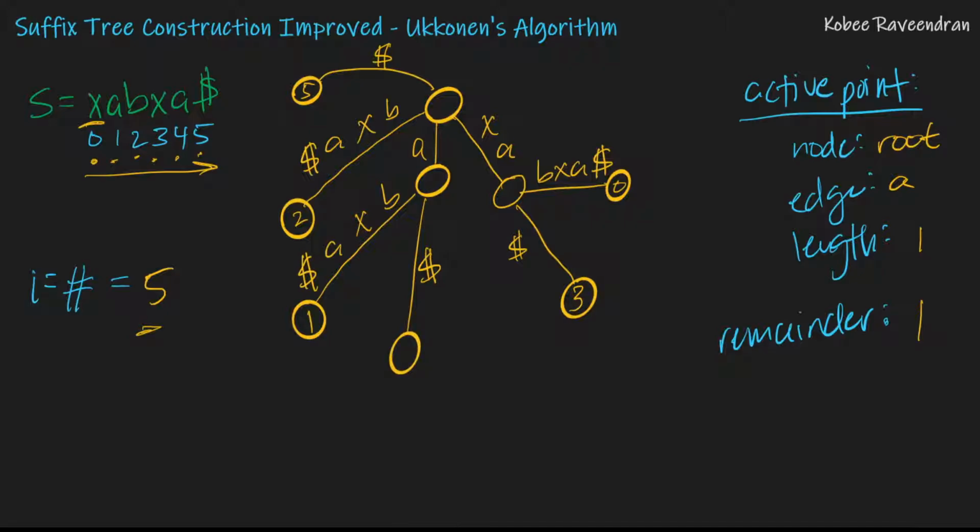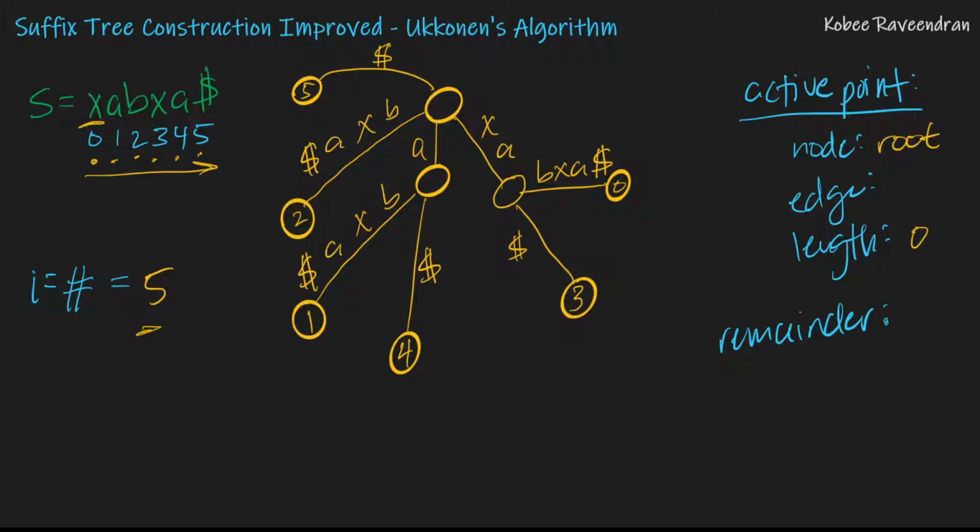And that started from index 5 minus 1, which is 4. And so now you can tell that we've added the suffix a$ successfully, right here. And with that, we can, again, decrement our remainder, and decrement our active length down to 0.